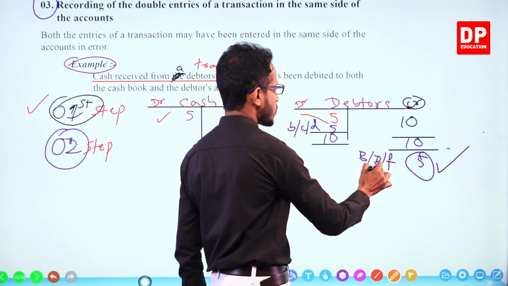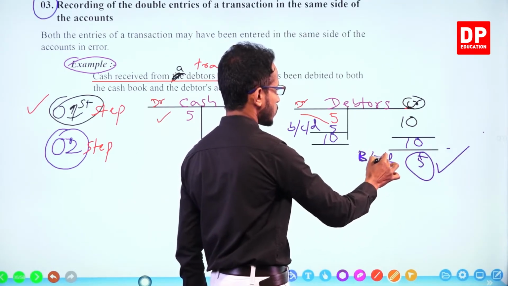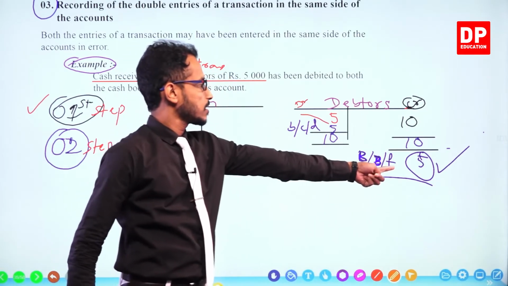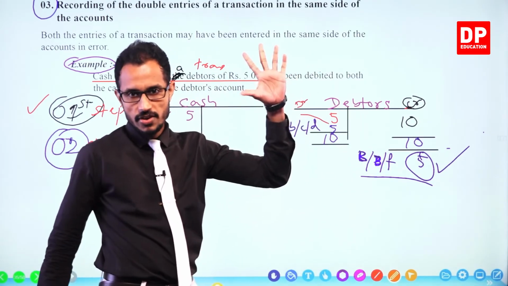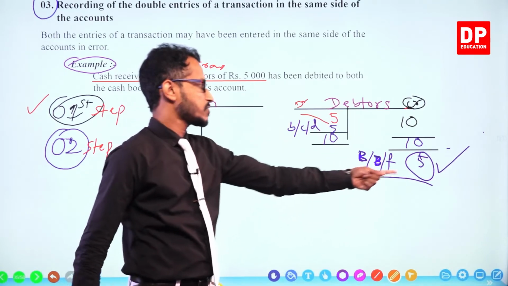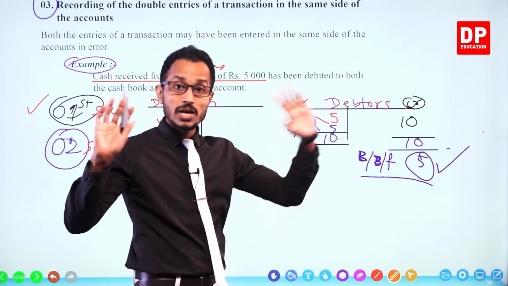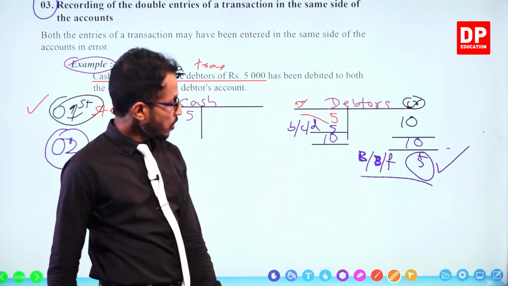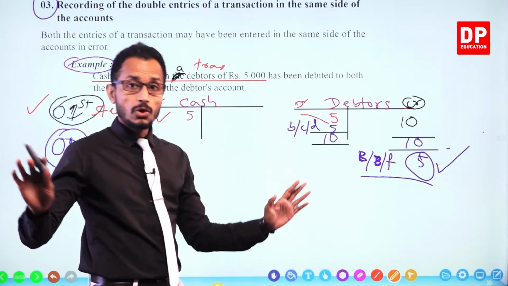Now the debtors account has 5 in the credit side, so it's correct. All right, no need to go that far.